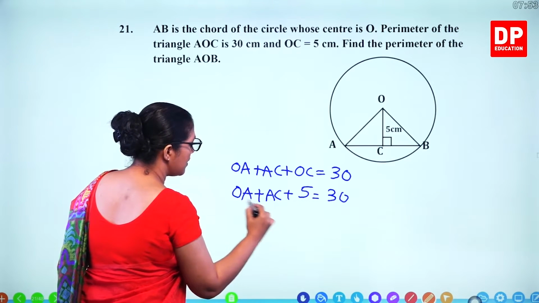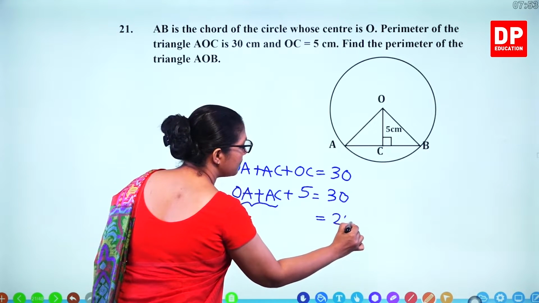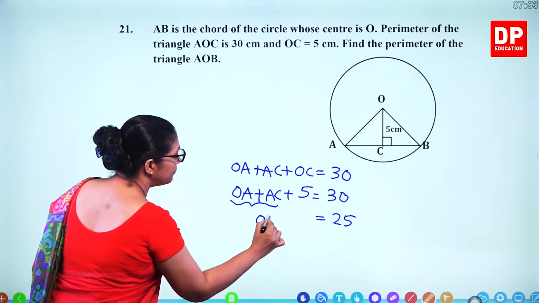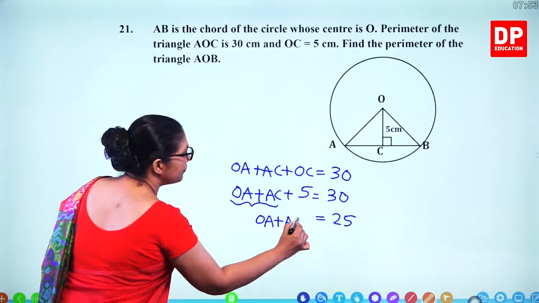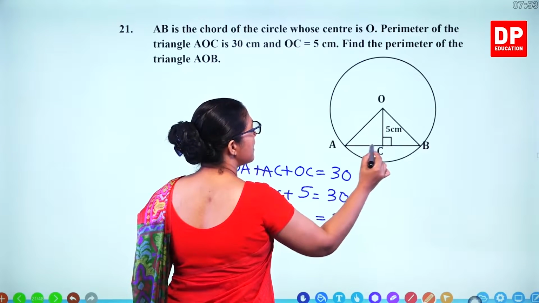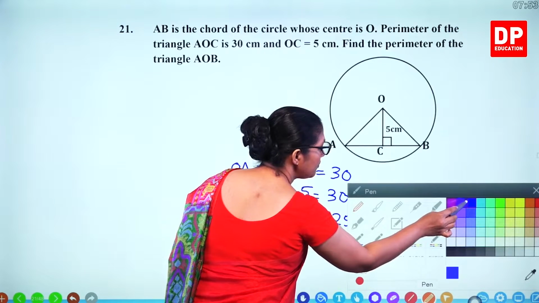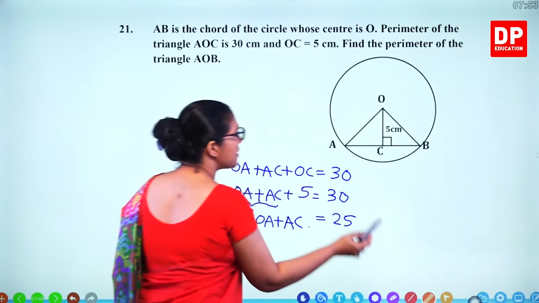These two become 30 minus 5. That's 25. So that means this length and this length. According to the theorem, what do you know about this?